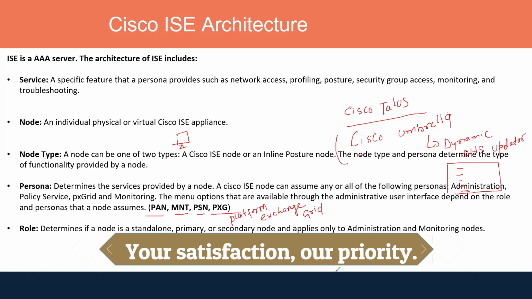And what I want is that my ISE would also be able to get the intelligence feeds from Cisco Umbrella, Cisco Talos, or Firepower Advanced Threat Protection.